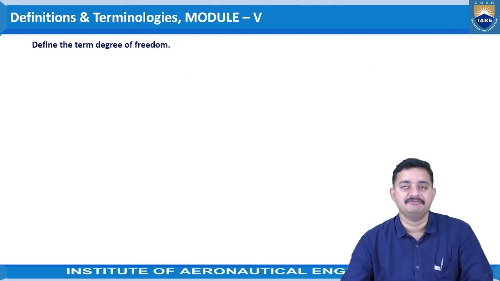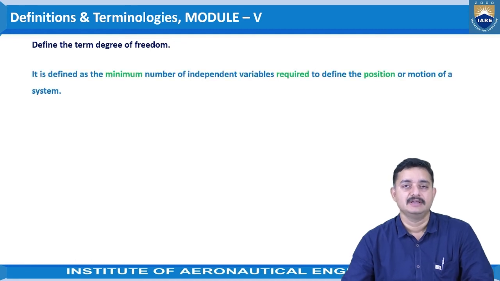Next is, define the term degree of freedom. It is defined as the minimum number of independent variables required to define the position or motion of a system.